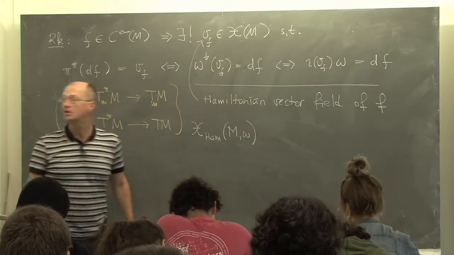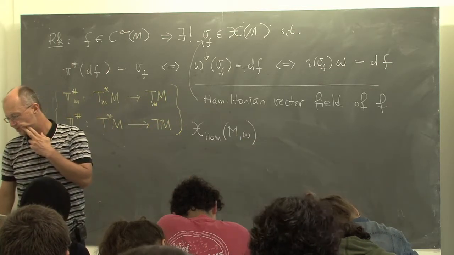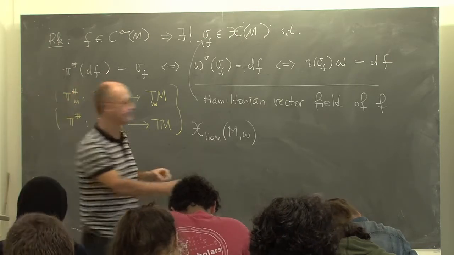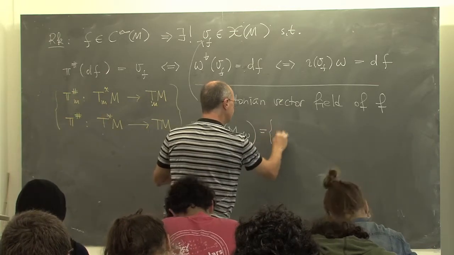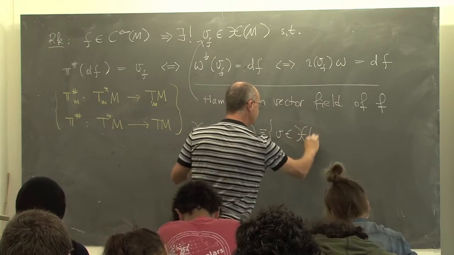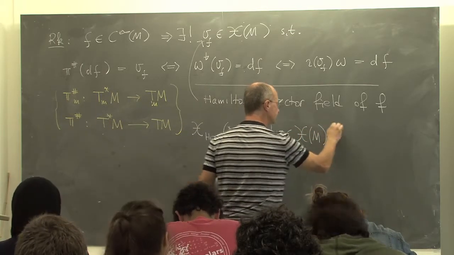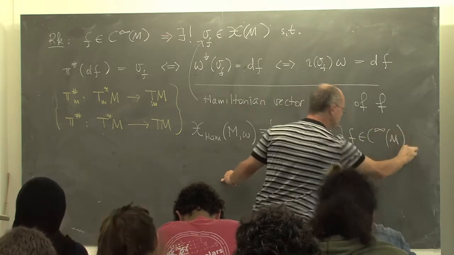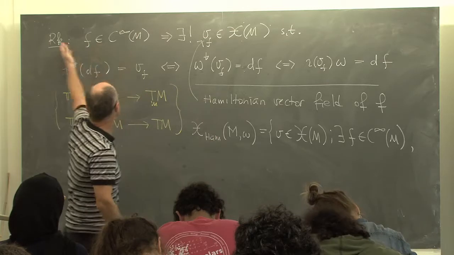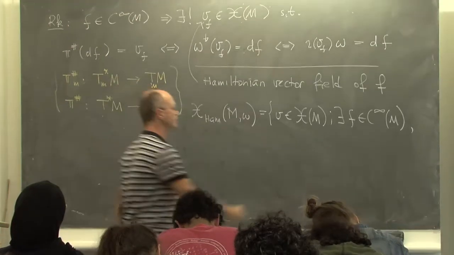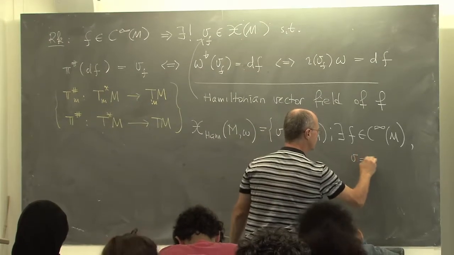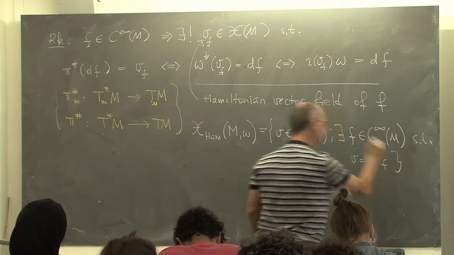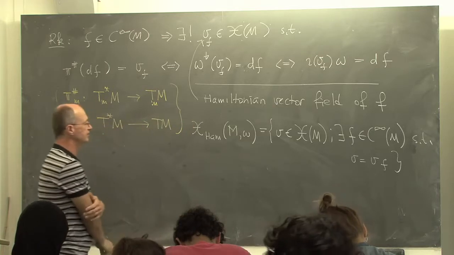H of M, omega will be the vector fields on M such that there is a smooth function on M which produces such a vector field as a Hamiltonian vector field.